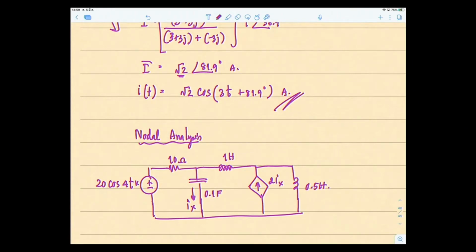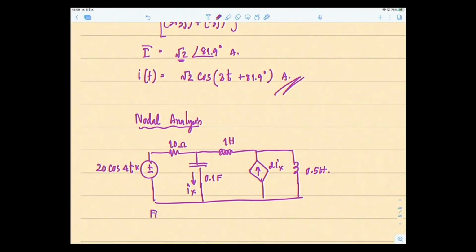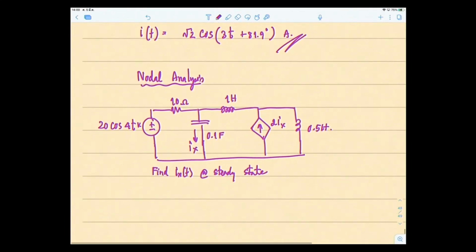The question is, find Ix of t at steady state. Okay, so copy that.